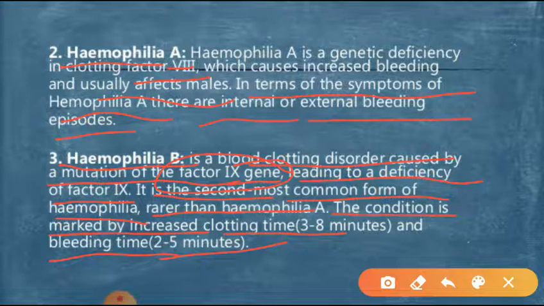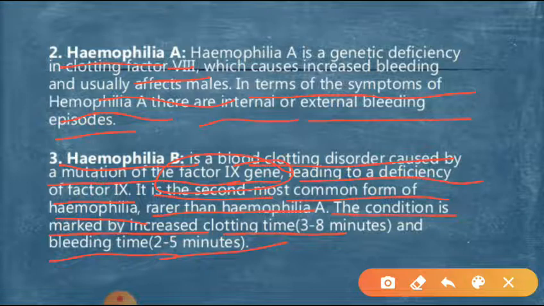When this gene undergoes mutation, what will happen? It fails to control clotting factor 9. Then it can lead to bleeding in our body.